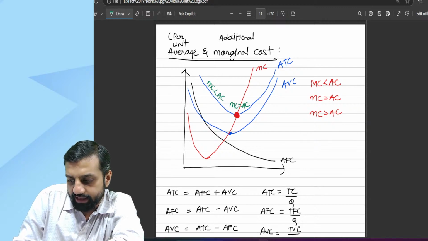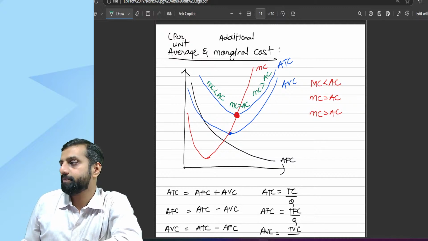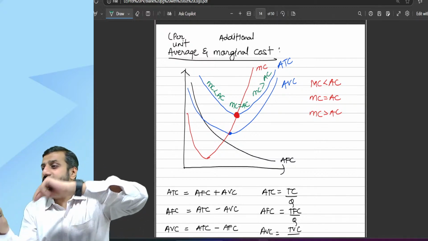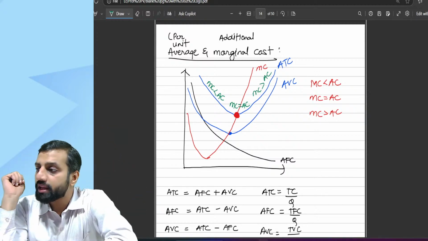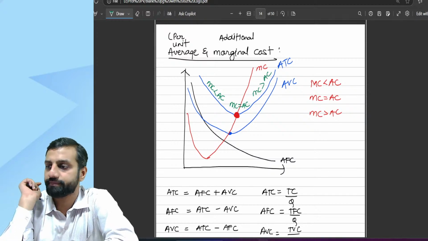Then MC is greater than AC. So if MC rises, AC also rises, but MC rises at a faster rate. Therefore, the MC curve is completely above the AC curve.